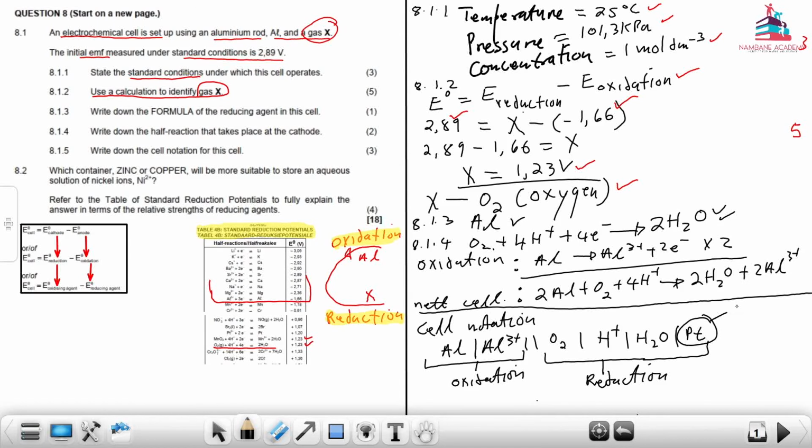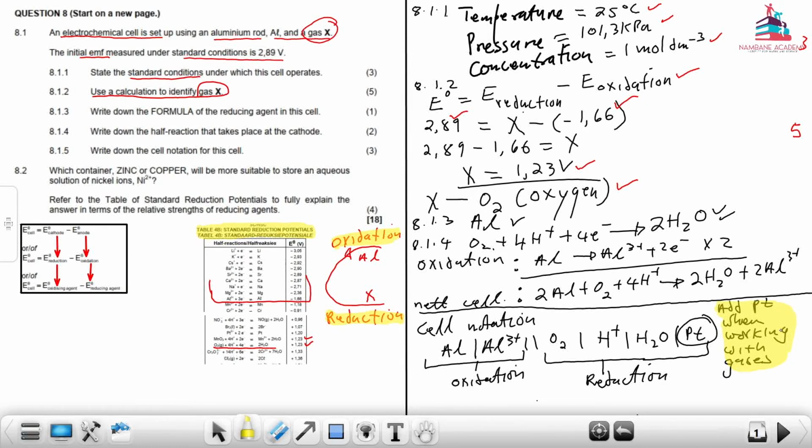Add Pt when working with gases. It's always important because it increases the surface area or the conductivity of the gas, in terms of ensuring we maintain the cell neutrality and everything is conducted accordingly.